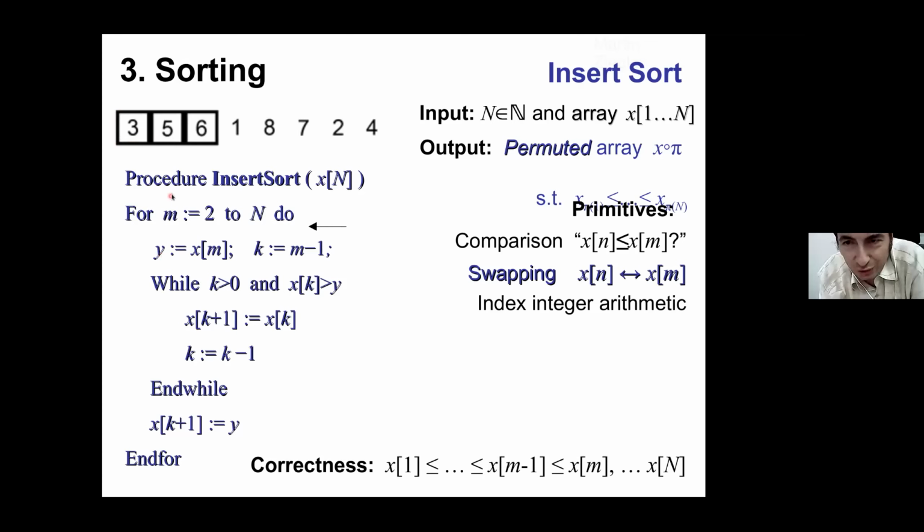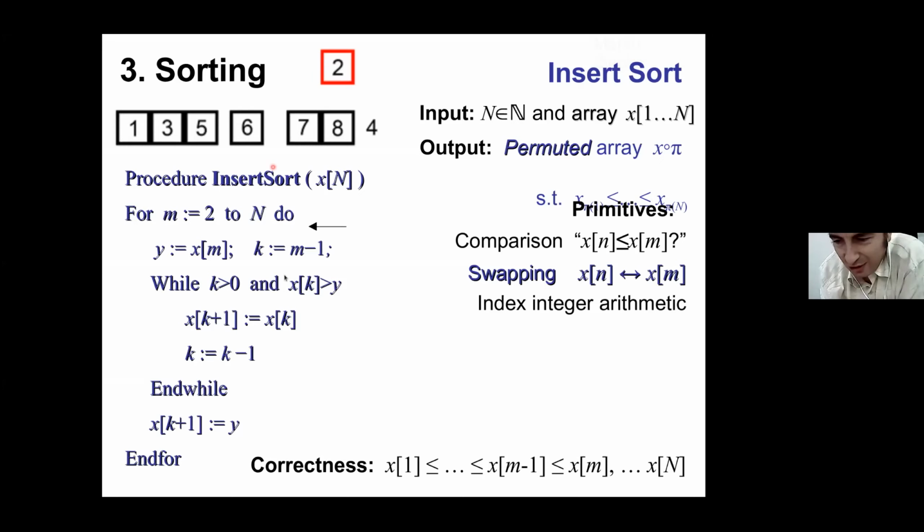And at the end, you try to insert this first element so that one more element is sorted. So 1 is less than all the 3 black boxes. This means it has to go to the left. Now 8 is bigger than all the 4 black boxes, so it remains on the right. 7 is bigger than 4 of the black boxes, but not the 8. So you have to move the 8 right and insert 7 properly. Okay? And now when you do this until the end, then you will have a sorted array.